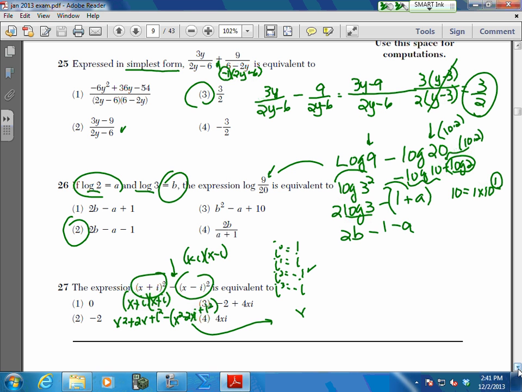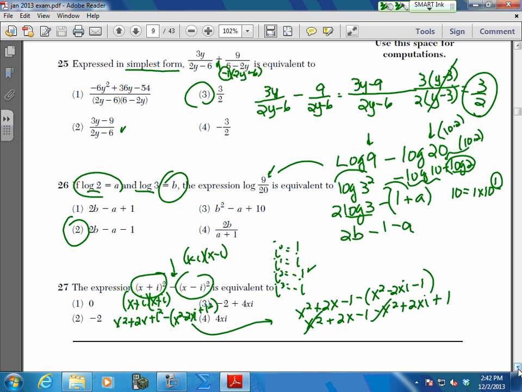Replace the I squareds with negative 1. Okay, just replace them first. Now, come through this and distribute your negative. That's 1. And collect your like terms.